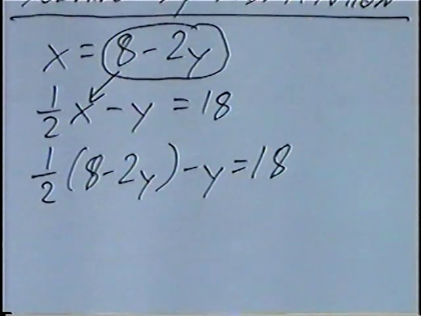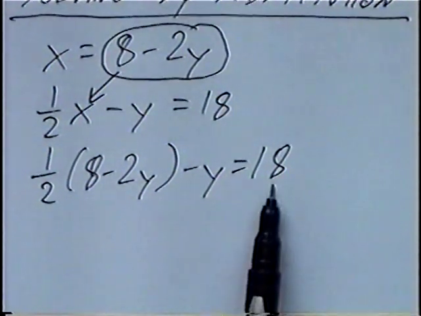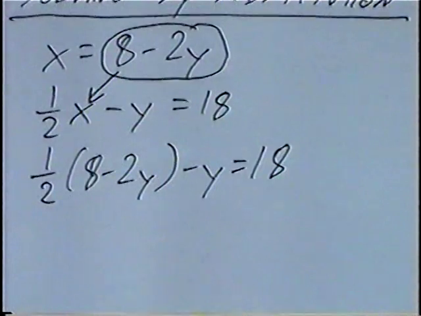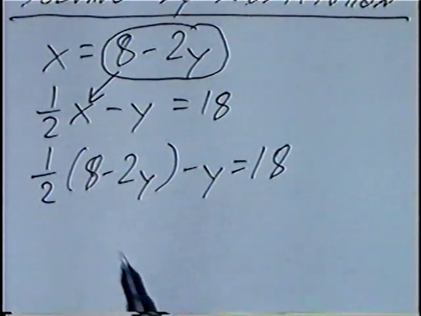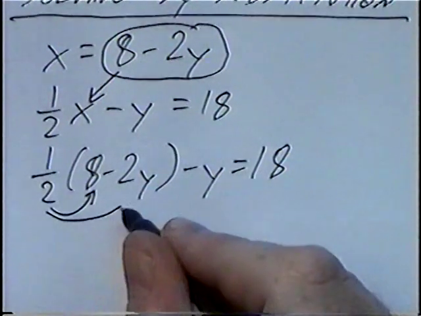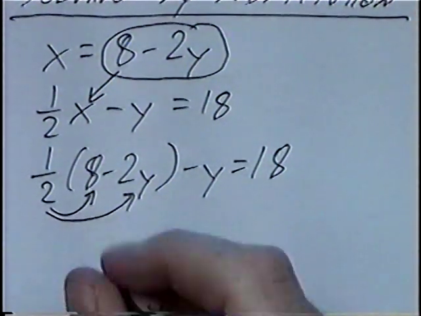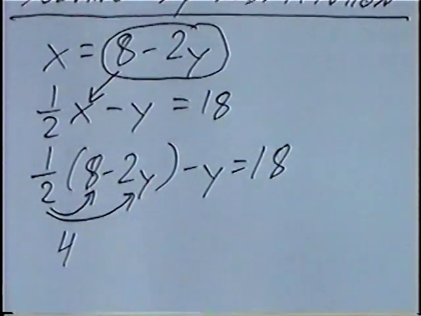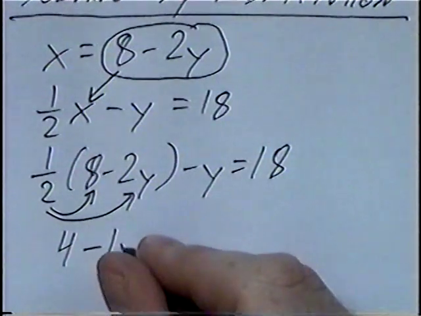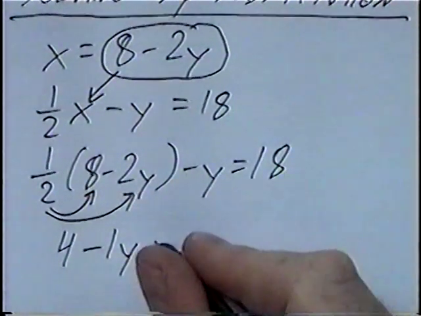By substituting for x, we have eliminated or substituted out the x, and now we can just solve for the single variable y. The 1/2 gets distributed to the parentheses. 1/2 of 8 would be 4, and 1/2 of -2 would be -1 or -1y.